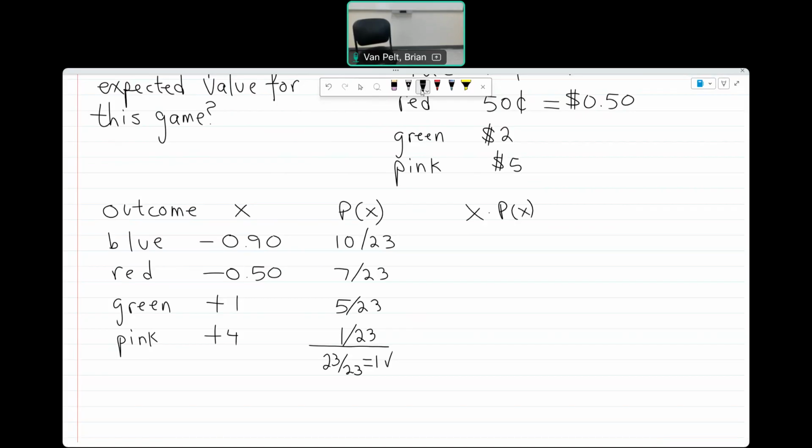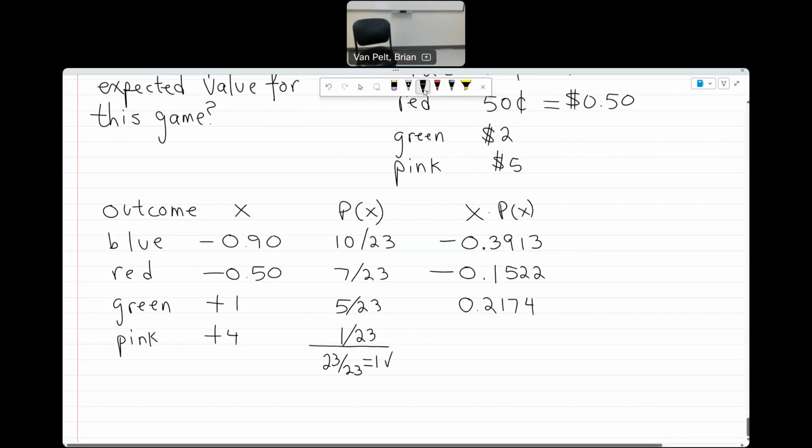What you do to get this, you take this times this. And that's the column you want to add up. Is your expected value down here?